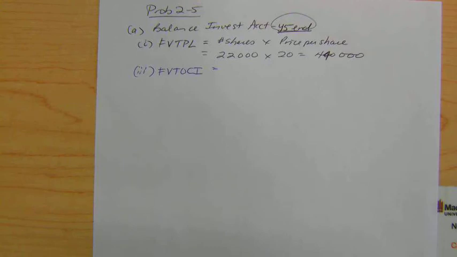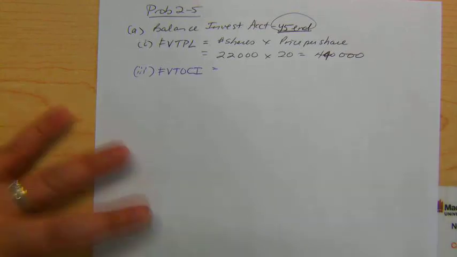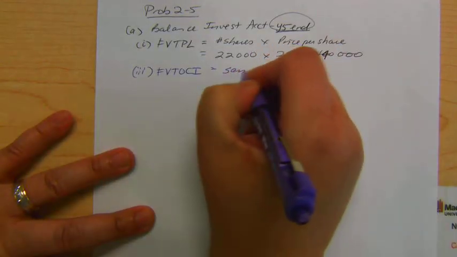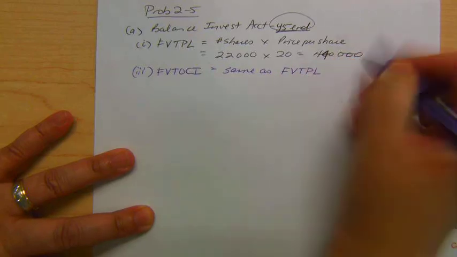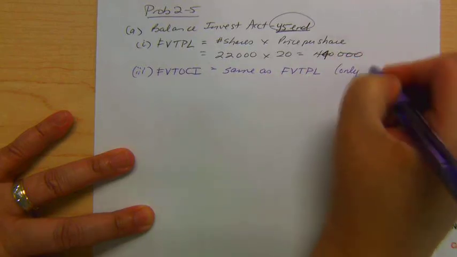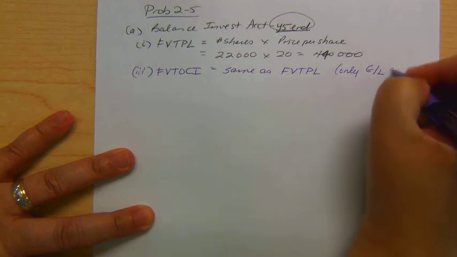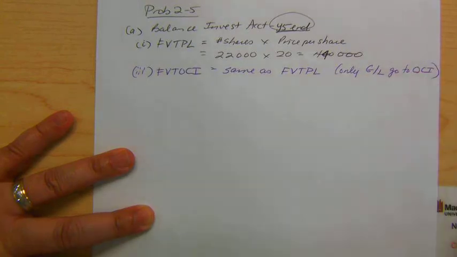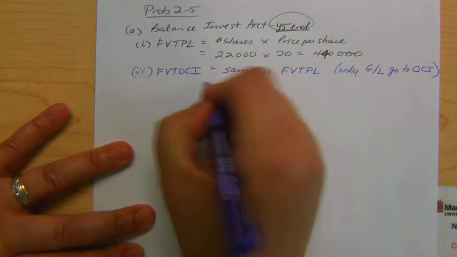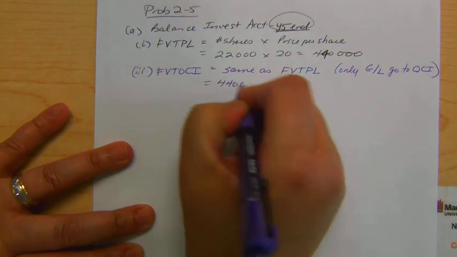So, what's the balance in the investment account going to be? Any different? The same. So, same as fair value through profit and loss. Only gains and losses go to OCI. So equals 440.